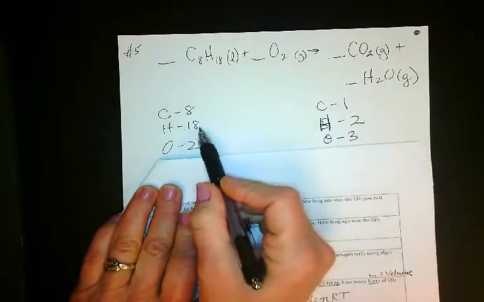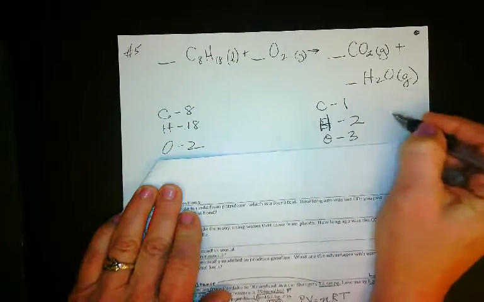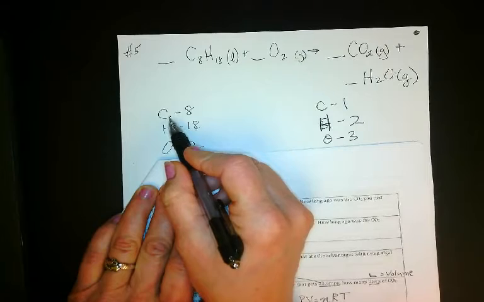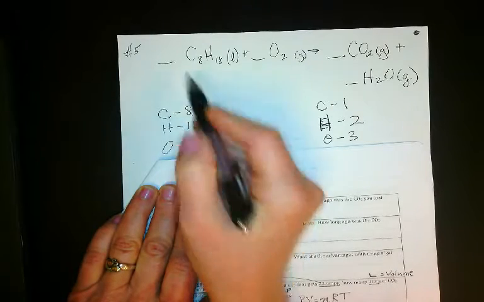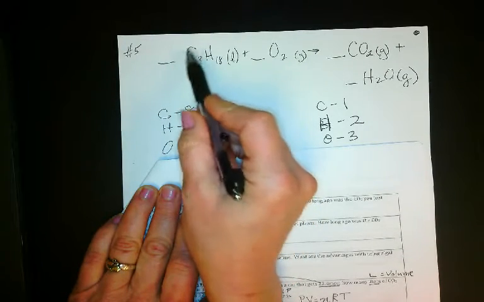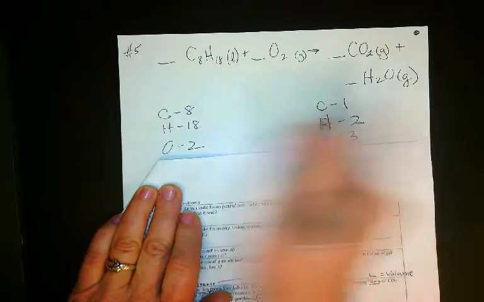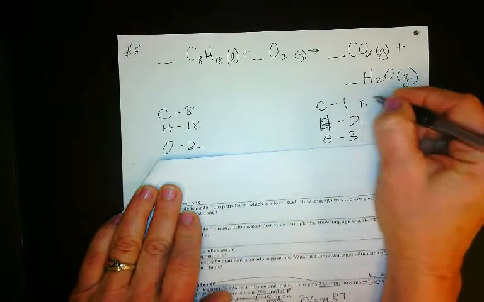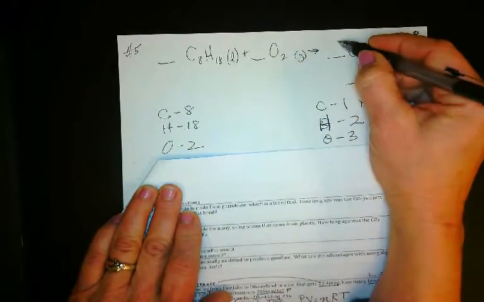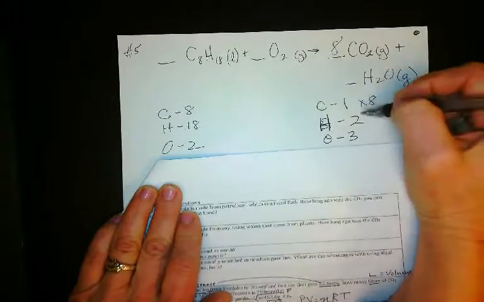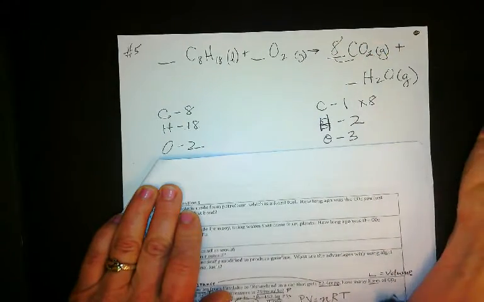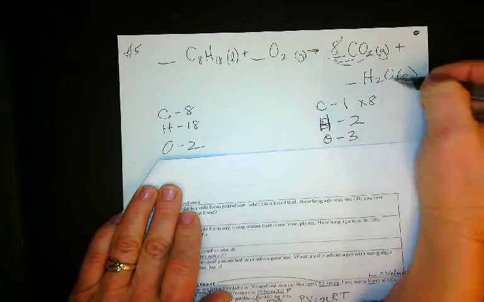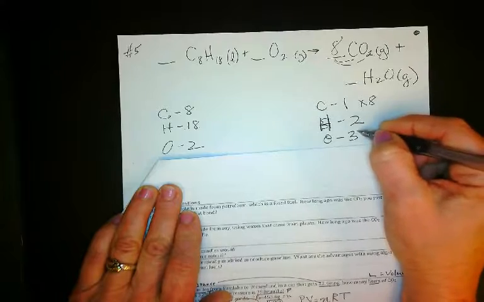So I need 18 hydrogens, so I would need to multiply that by 9, but let's start with carbon. I just know from experience that if you start with this leading atom, it's a lot faster and works better to balance the equations. So I need 8 here, so I'm going to multiply it by 8. That means I'm multiplying this by 8. So 8 carbons gives me 17 oxygens now.